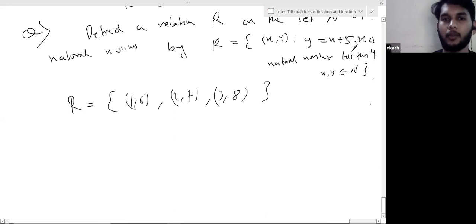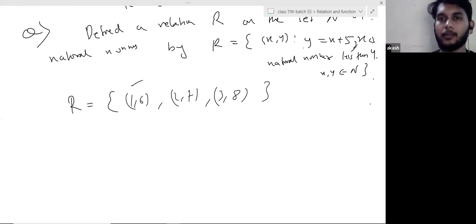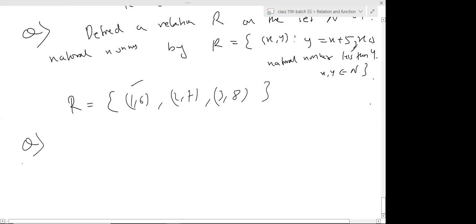Absolutely right. Because x is less than 4, so 1, 2, 3 are the values, and y is always 5 more than x. So 1 plus 5, 2 plus 5, and 3 plus 5. So this will be the answer. Is this clear? Yes, sir. All right, next question.